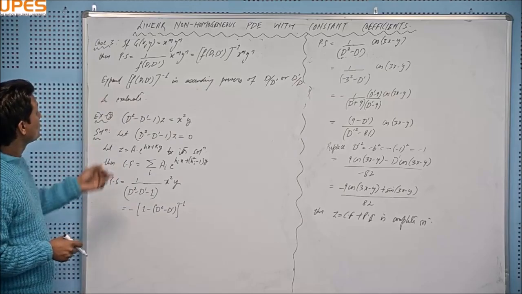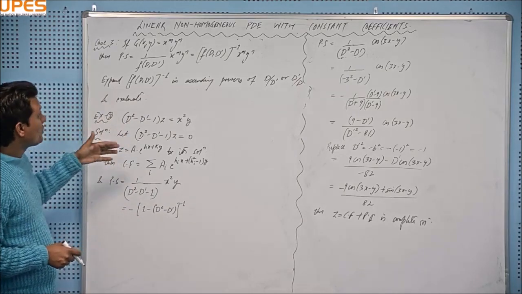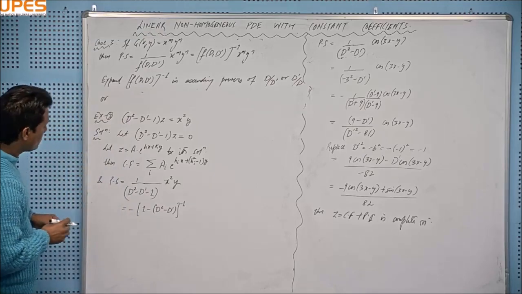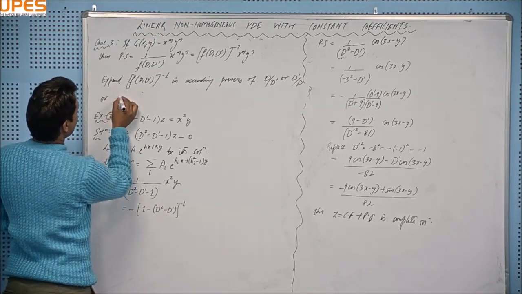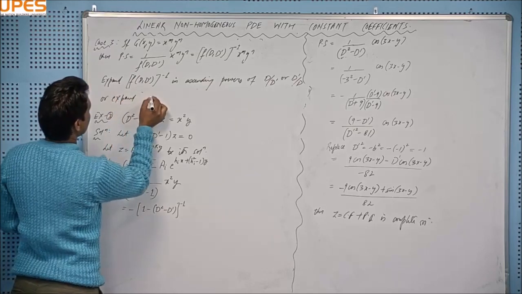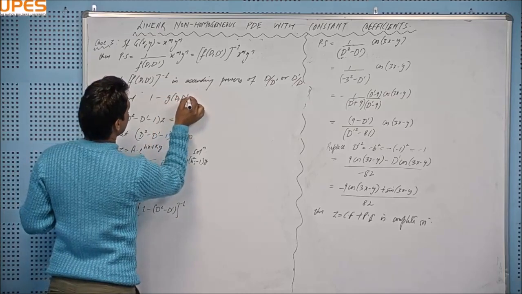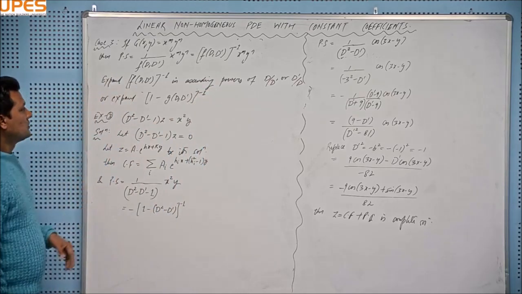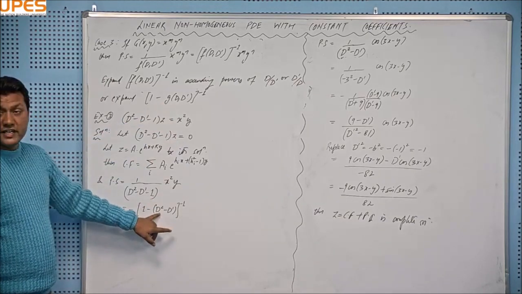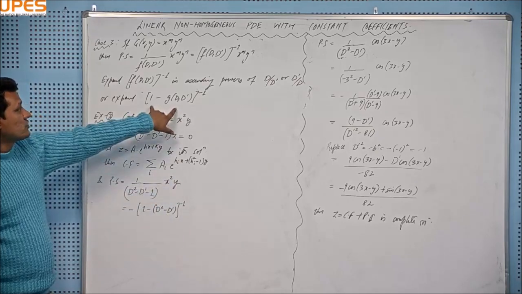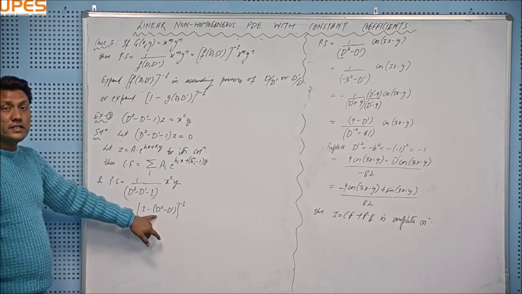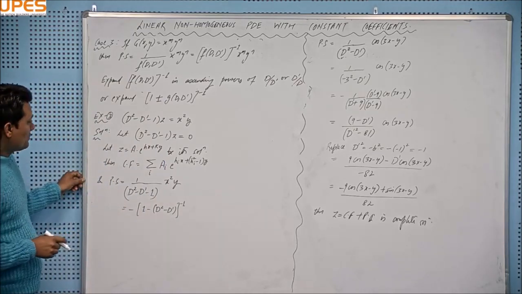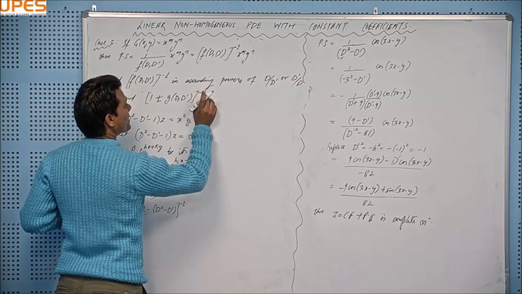This is not in powers of D by D dash or D dash by D, but precisely the case 1 minus g(D, D dash), a new function of D and D dash. The power can be plus or minus 1 or minus 2.